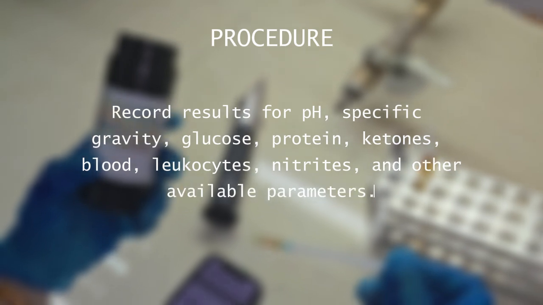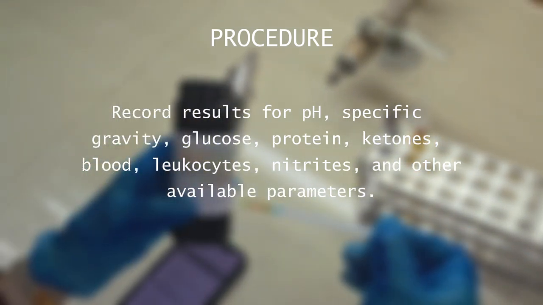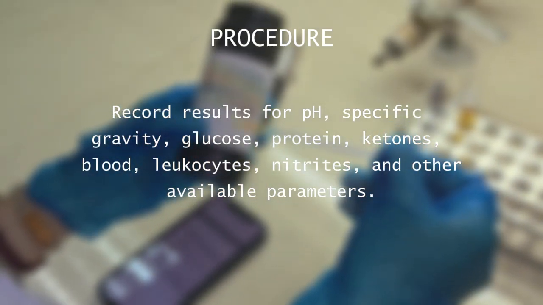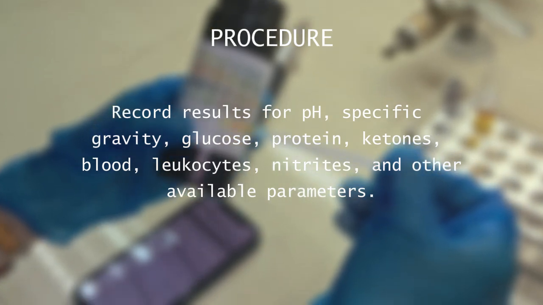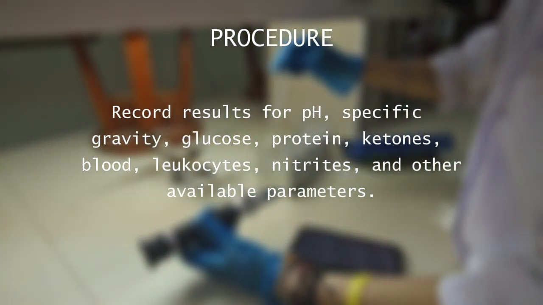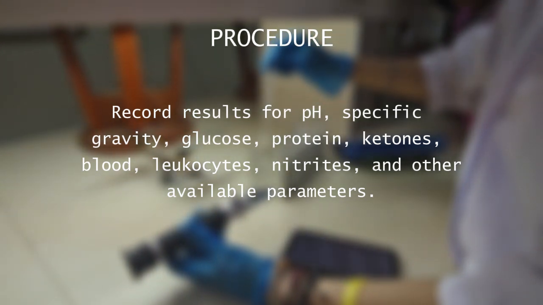Record results for pH, specific gravity, glucose, protein, ketones, blood, leukocytes, nitrites, and other available parameters. However, in this case, only specific gravity, glucose, protein, and the pH level are available within the dipstick.